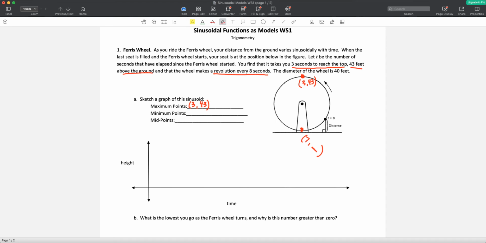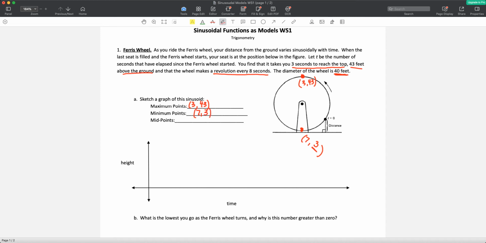Well, this is where the diameter comes into play. It tells me that the diameter, which is from the very top to the very bottom of the circle, is 40 feet. So if it is only 40 feet, that means this has to be 3 feet off the ground. So the distance from 3 to 43 is your 40 feet. Okay, so your minimum is (7, 3).